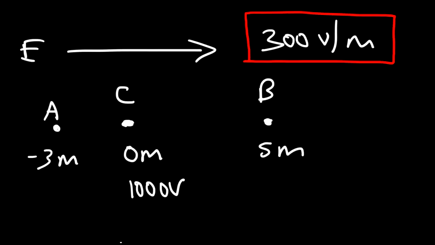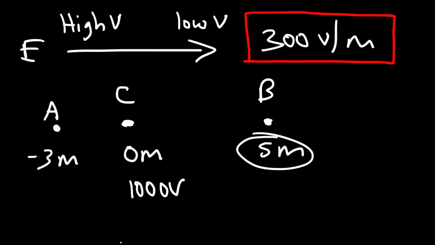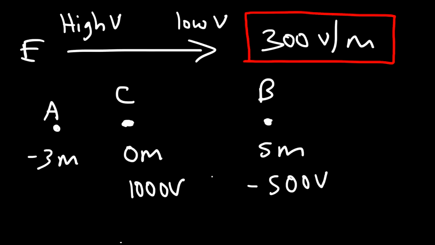As we move in the direction of the electric field, the electric potential is decreasing. So we're going from a high electric potential value to a low electric potential value. That means that position B has a lower electric potential than position C. So as we move 5 meters to the right, it's going to change by 1,500 volts. So this is going to be negative 500 volts because 1,000 minus 1,500 is negative 500.